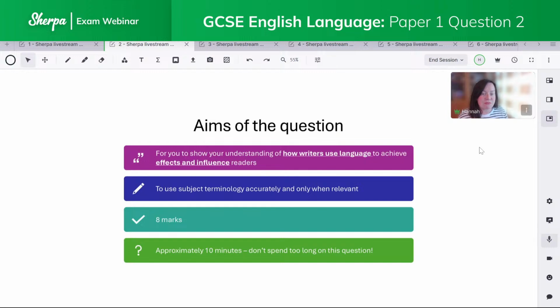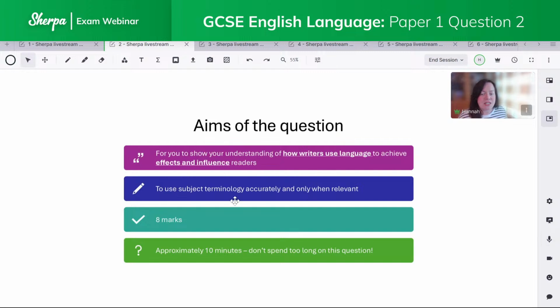So you have to be looking at what the writer is doing on purpose to achieve something in the reader. In this case, it's only what they're doing in terms of language. Remember, the structure question for AQA is question 3. So you save all of that stuff for question 3. Effects and influence we will come to shortly on the next slide. And I'll kind of explain what that actually means.